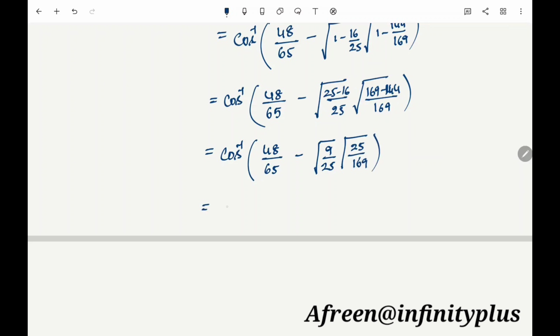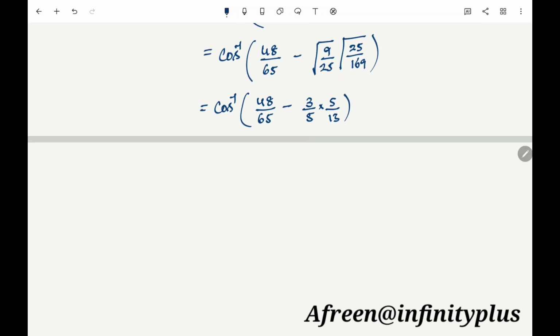So this you can write as cos inverse of 48 divided by 65 minus 3 by 5, if you cancel the square and root here, into 5 by 13. So this can be written as cos inverse of 48 divided by 65 minus 3 5s are 15 divided by 65.